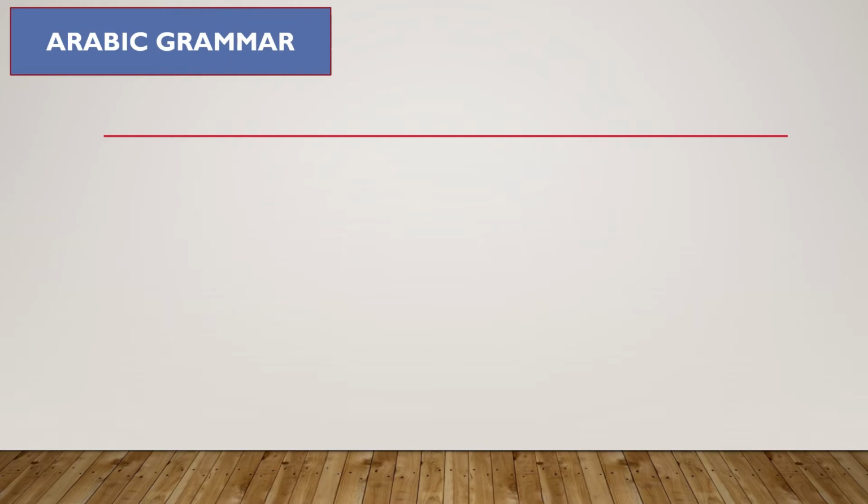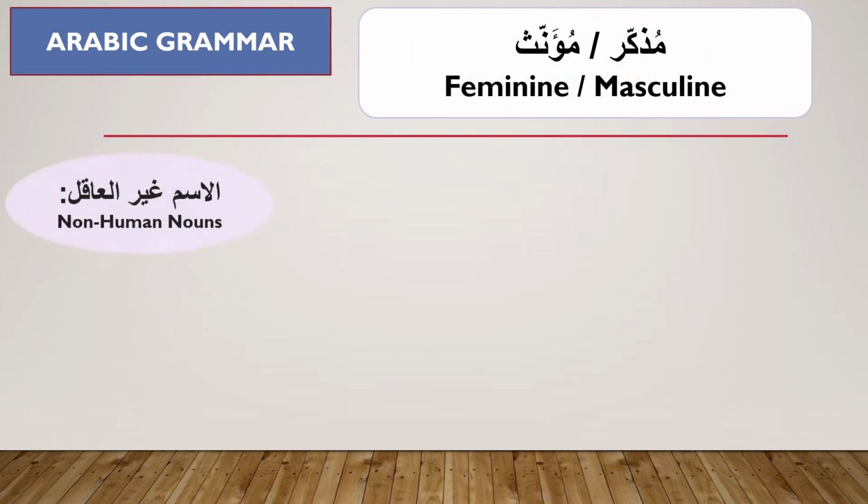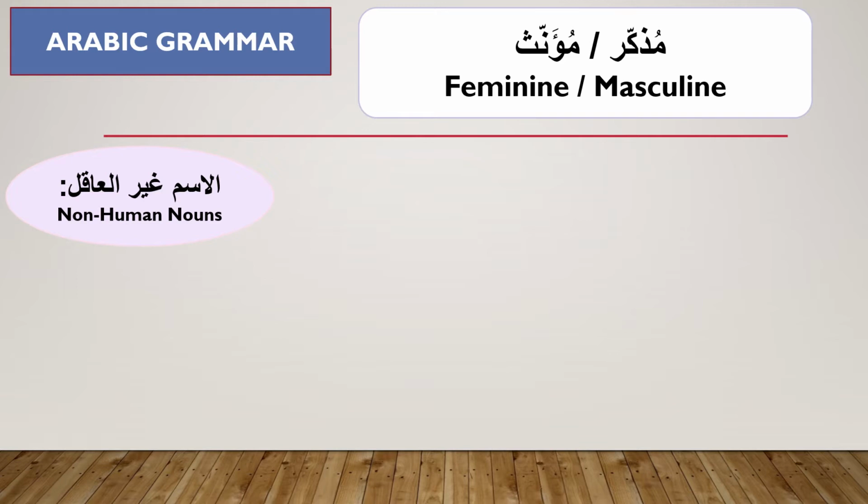Category 2 are for nouns that are related to non-humans. We mean here with nouns that are related to objects and things around us. How do we know that the noun here is masculine or feminine? We look at the ending of the noun.